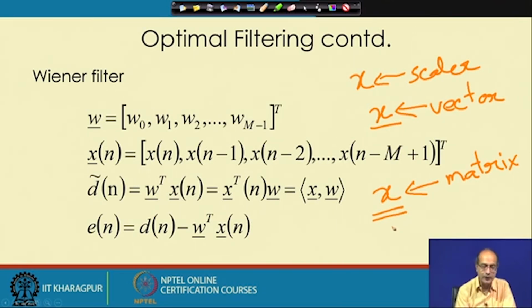With that notation, we have first written the weights as w with a bar below it, and it is a column vector. What kind of column vector? It is an m by 1 dimensional column vector.